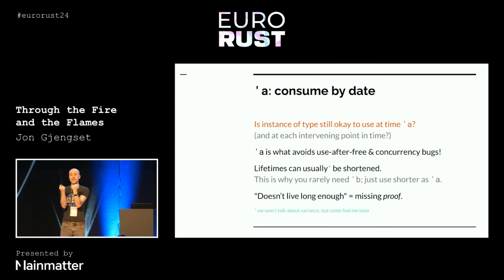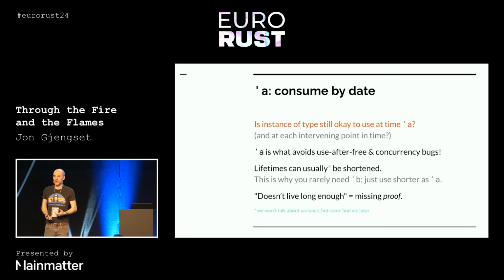If you just write tick A, those will both be stored with the short lifetime. You cannot then write a method on such a struct that holds these two string references that returns a string reference with a longer lifetime, because you can no longer name the long lifetime. The tick A refers to the short one. So having multiple lifetimes is for when you need to keep these lifetimes separate. You're not willing to shorten them.